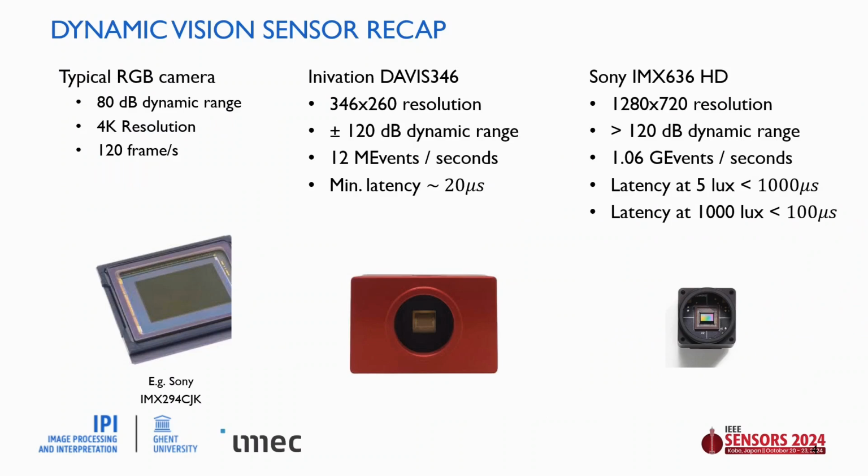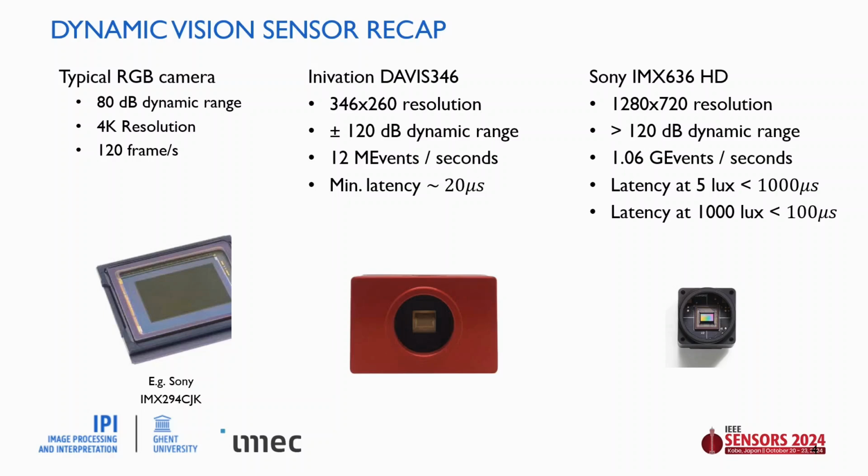So it's also interesting to look at the current hardware for DVS cameras. Well, in a typical RGB camera, you would have roughly 80 dB dynamic range, depending which sensor you look at and which mode, and you can already go up to 4K resolution and beyond. But for an event camera, we were until recently quite limited in terms of the resolution, where we would have like 346 by 260 pixels, but they have an increased dynamic range.